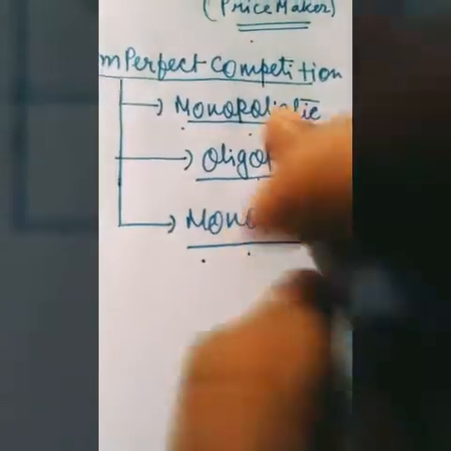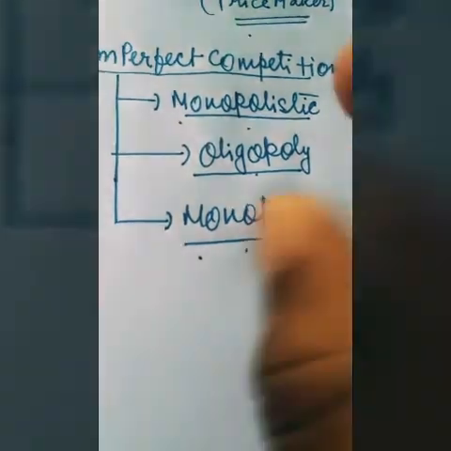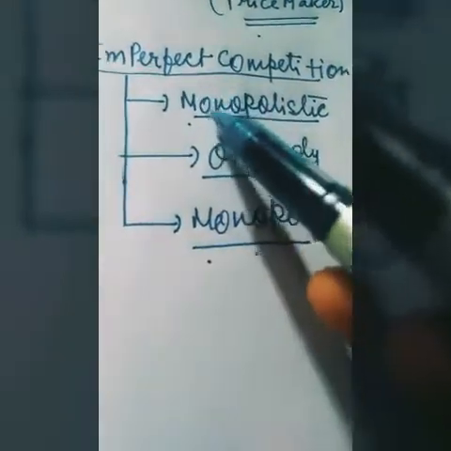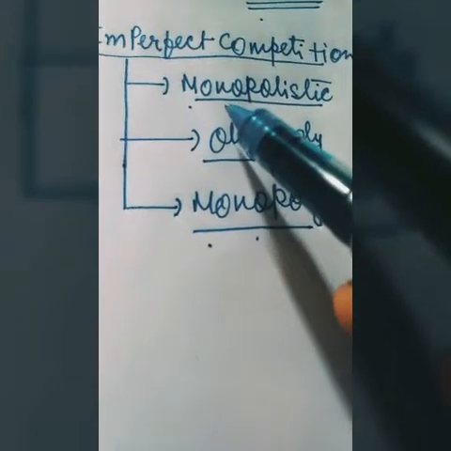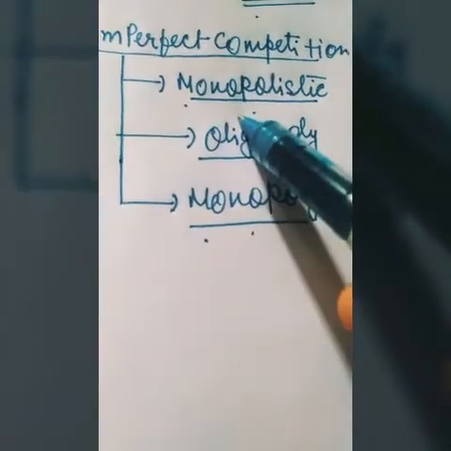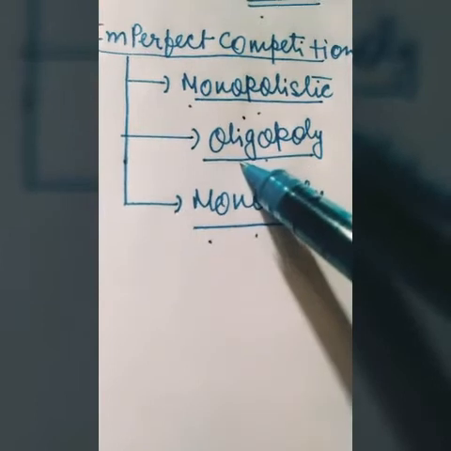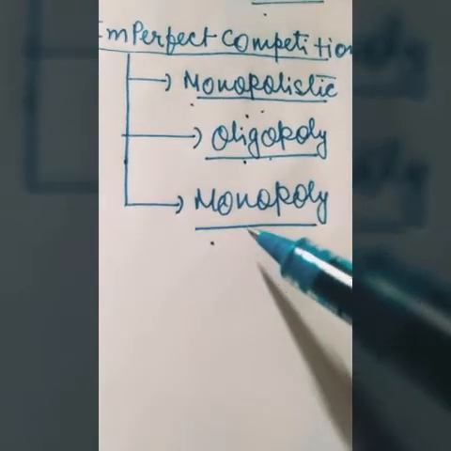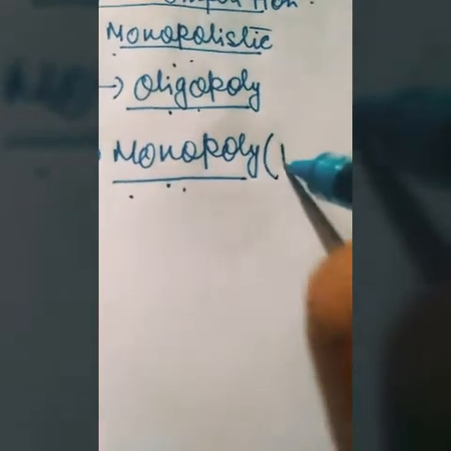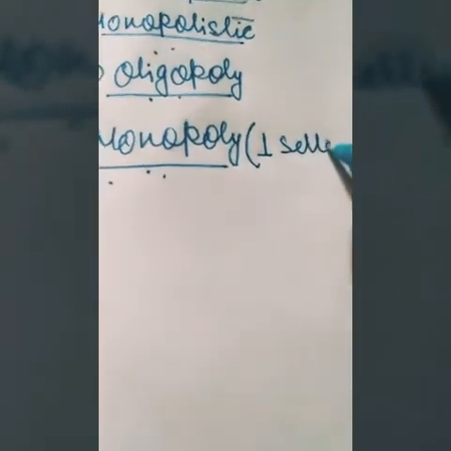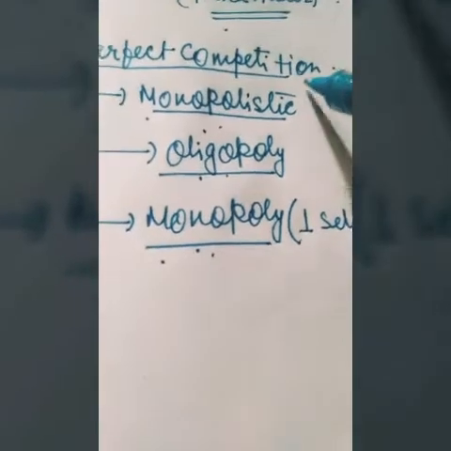We'll be studying this in detail in the next chapter, only the features. But right now, you need to know imperfect competition can be monopolistic, oligopoly, or monopoly. Monopoly is the final one seller, no competition at all.